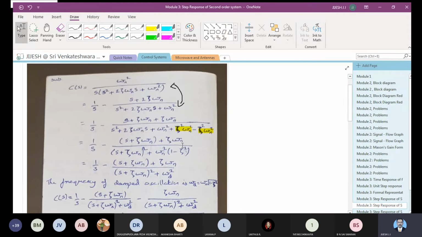So I can just write this thing as s plus zeta omega n square. You have taken this term and this term and you wrote it this way. So you'll get omega n square taken outside, 1 minus zeta square.